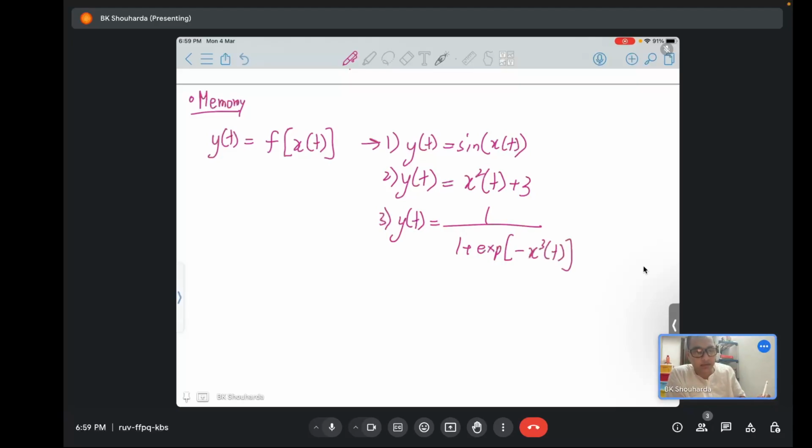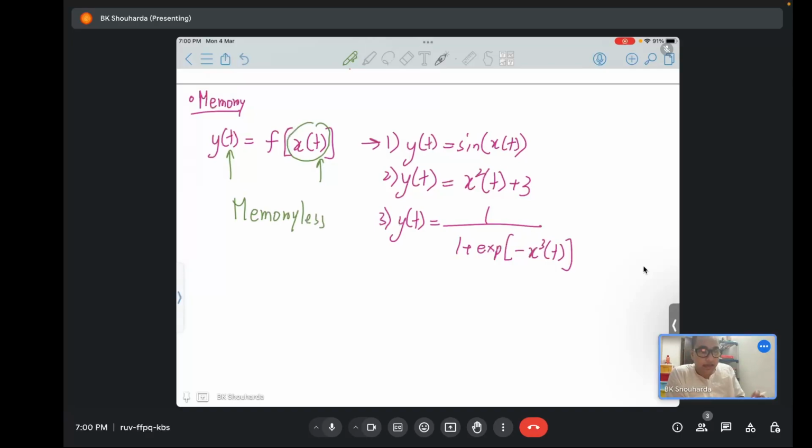In all these cases you are using only x of t. That means the value at t depends only on the input at the same time instant. This means the memoryless property.